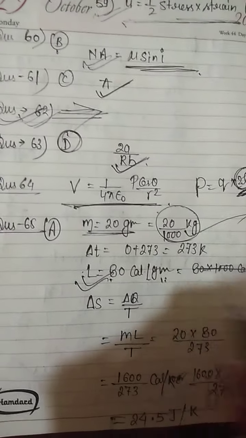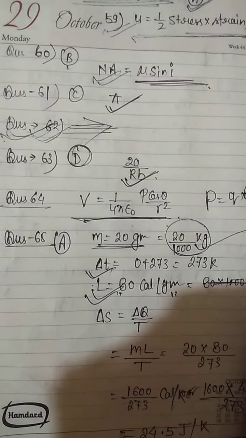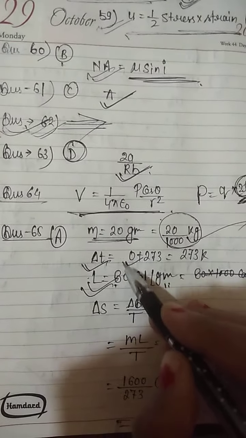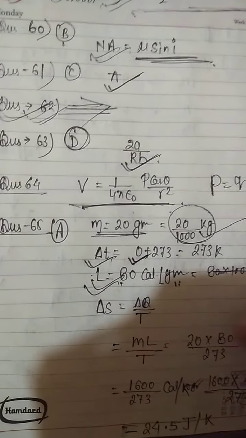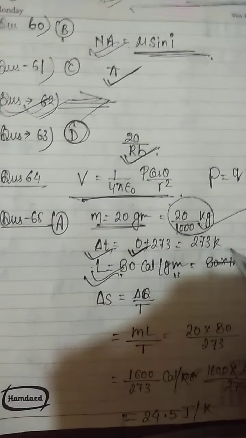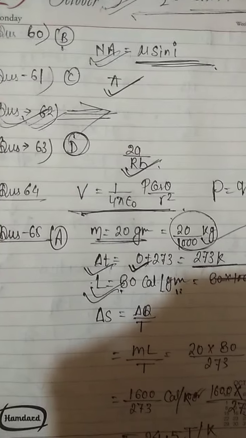So gram and gram will be cancelled, so we don't need to change it into kilogram. And delta T, the temperature has not changed. Ice temperature is 0, and when it is converted into water, again it is 0, so there is no change. But whatever temperature has been given, that will be converted into 273. It will never be taken as degree Celsius.